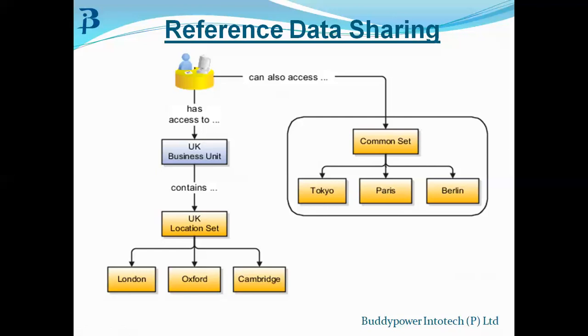Now this RDS, the reference data sets in the Fusion applications, allows the sharing of master data objects like your payment terms, the data of all your business activities. This RDS allows sharing of data across all the BUs, or you can make it exclusive to a specific BU.